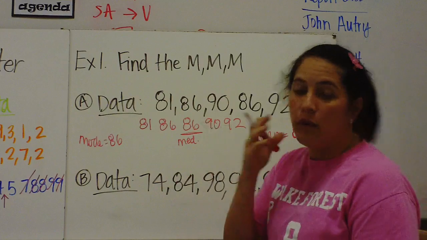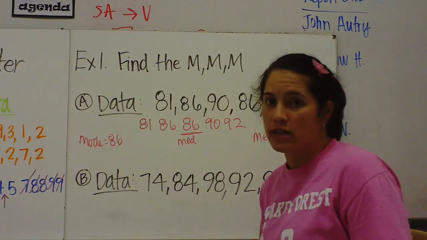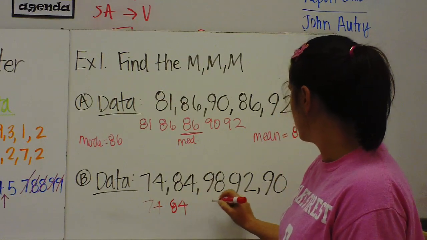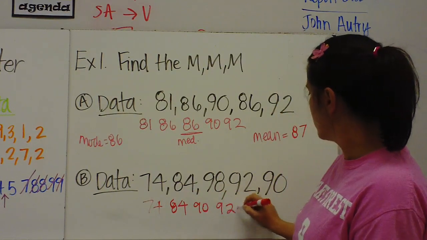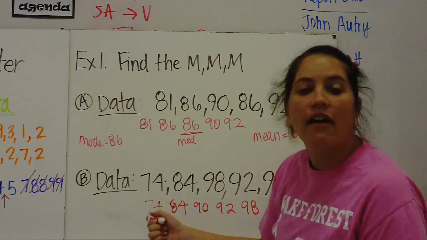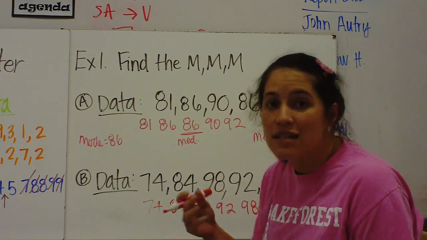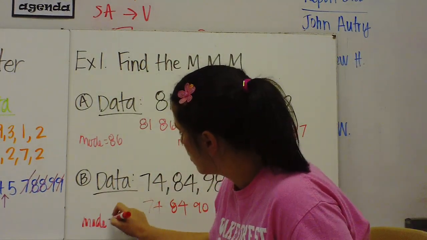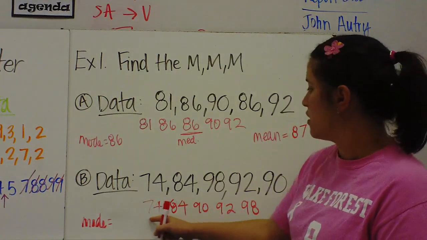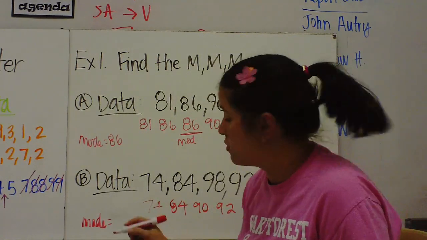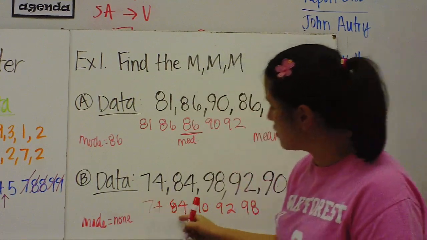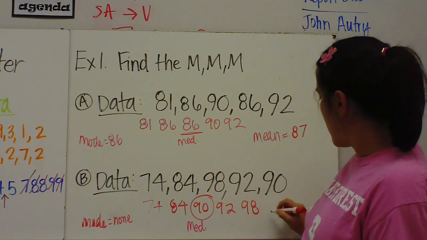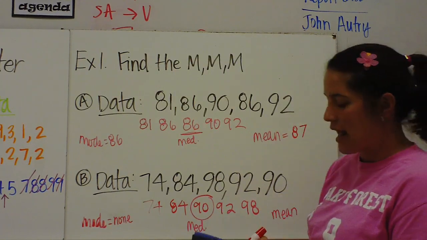All right, here's another example. So let's order the data. All right, I've ordered the data, so now it's easy for me to see the median and the mode. So the mode is, what's the mode? There is no mode, none, because none of the numbers repeat. Here is the median, and the mean, we have to add them up.